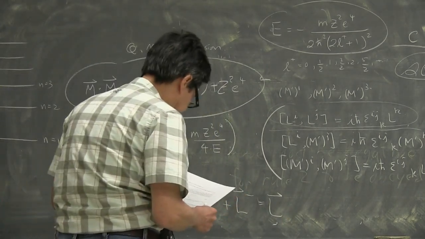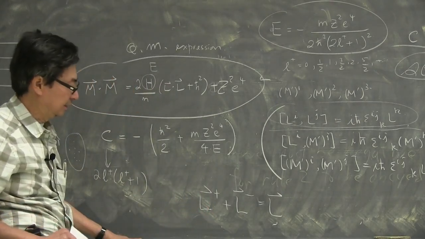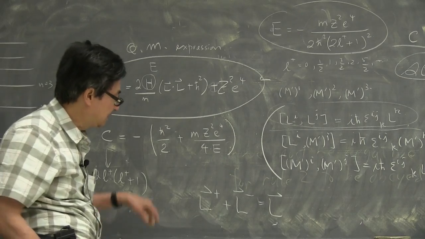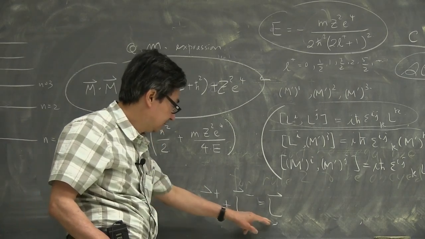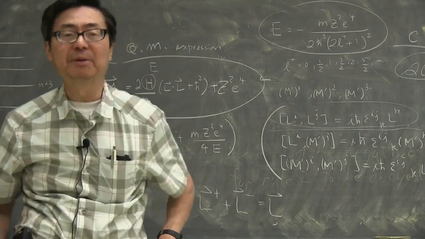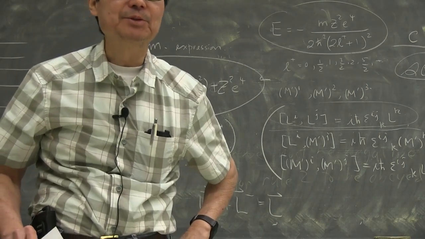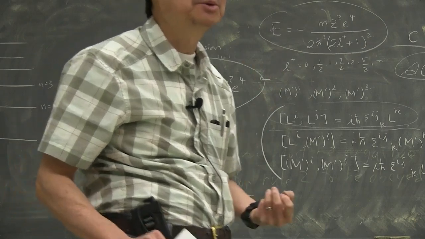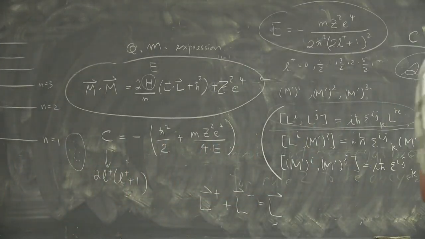And from the theory of the addition of angular momentum, what are the possible values of the sum of the angular momentum? Do you recall that result? This is called a triangle rule sometimes. So let me give you an example.